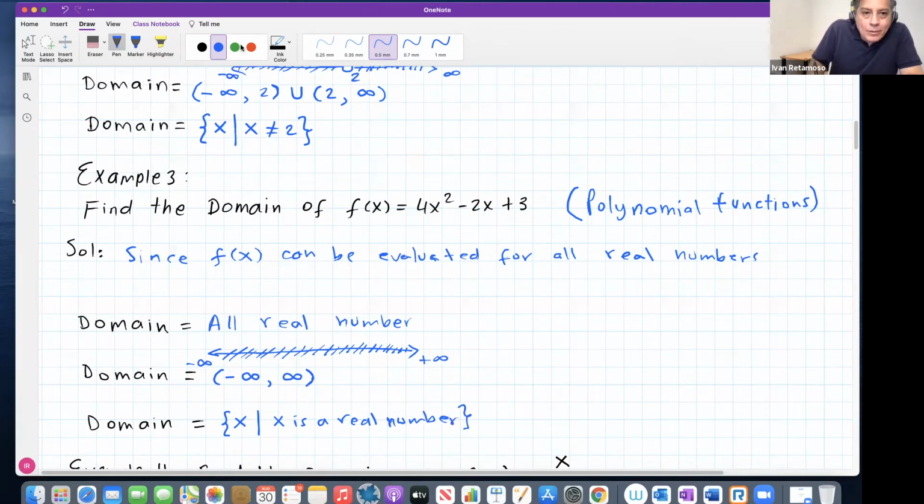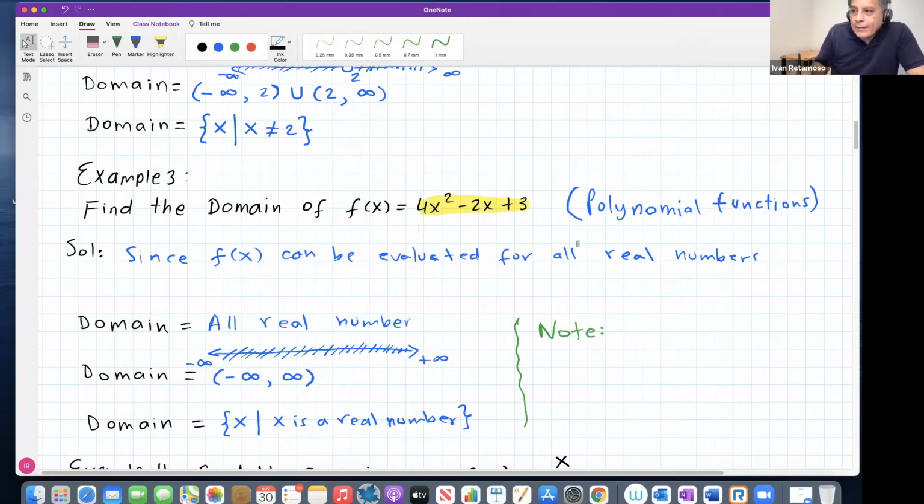Now, I'm going to write a very important note here for you to know. As I said, these polynomial functions are one of the nicest functions in mathematics because they accept any input values. Any real number is good for this function.